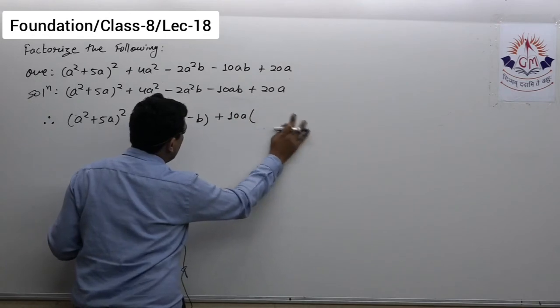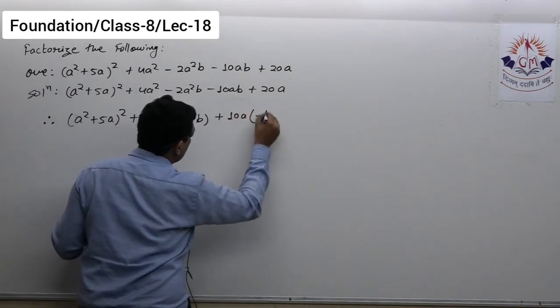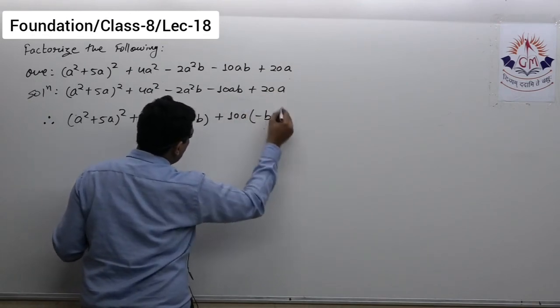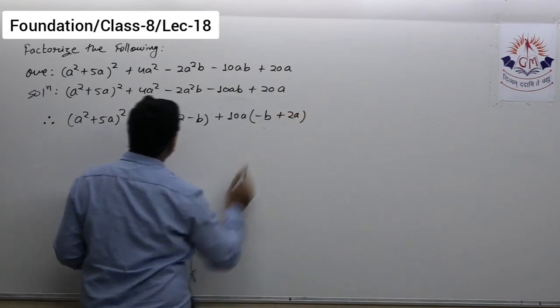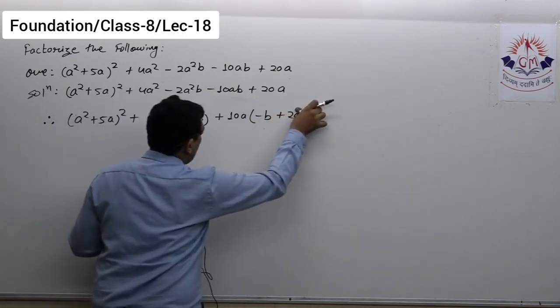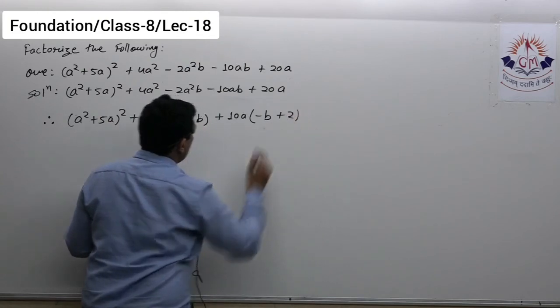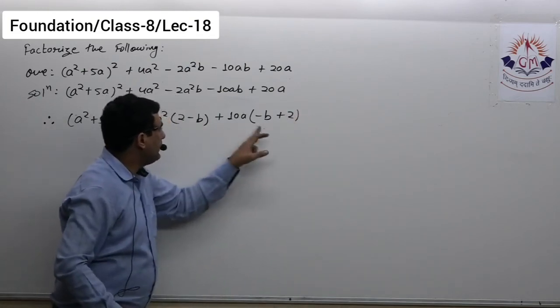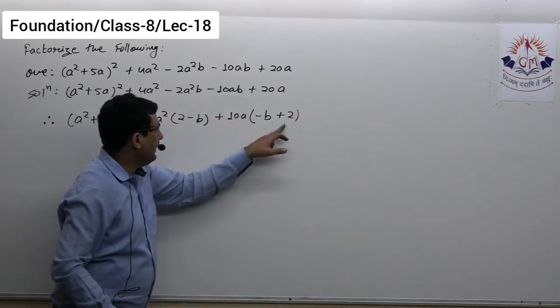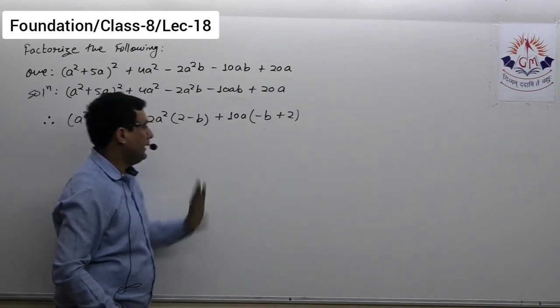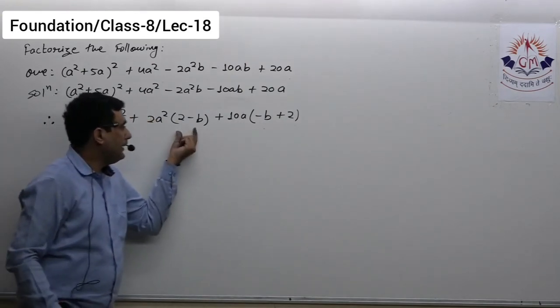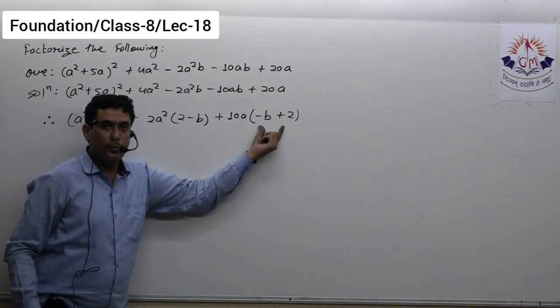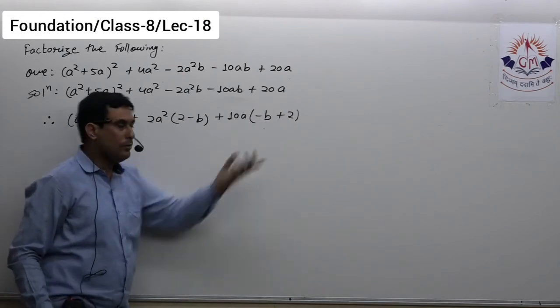If I take 10a common, I will get minus b, and plus 2 only. Okay, 10a into minus b is minus 10ab, and 10a into 2 is 20a. So see, here it is 2 minus b, here again it is 2 minus b. Minus b plus 2 is actually 2 minus b.